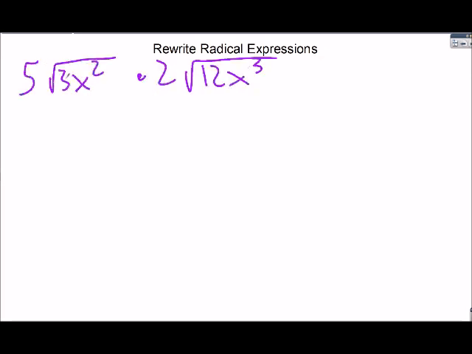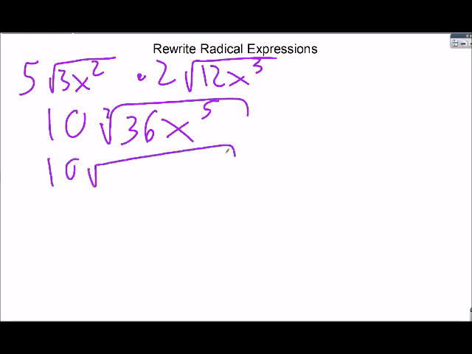The last bit that I want to cover is how to rewrite radical expressions. So if I multiply the outside terms, I get 10. Then I multiply the inside terms, and I'm going to get 36. And then when I multiply with exponents, I add my exponents. And then, because there's no number here, we assume it's squared. I'm just going to write my combos.